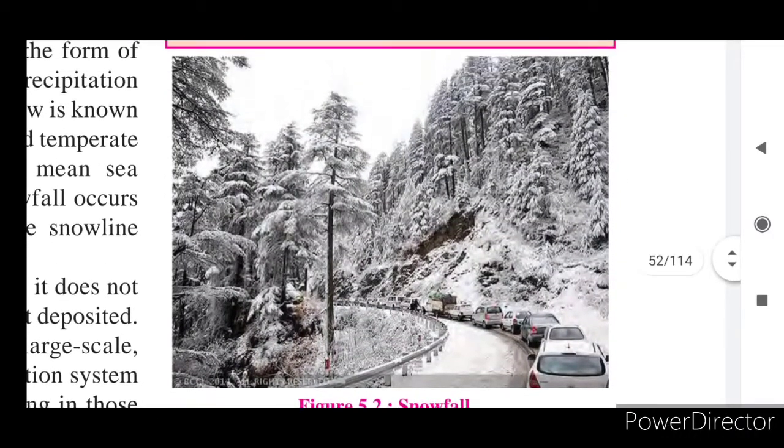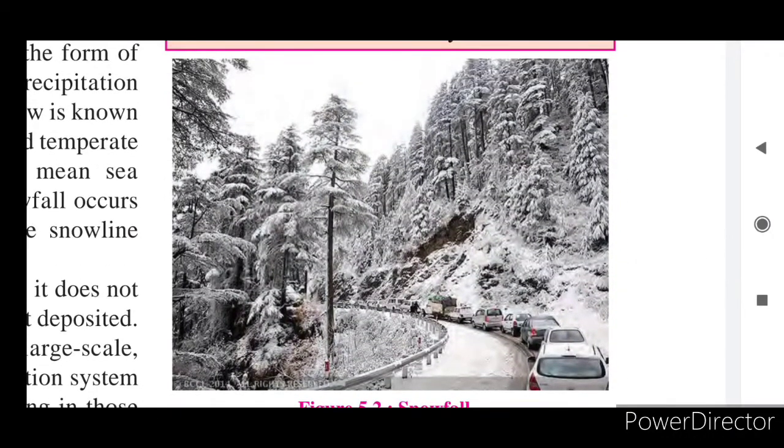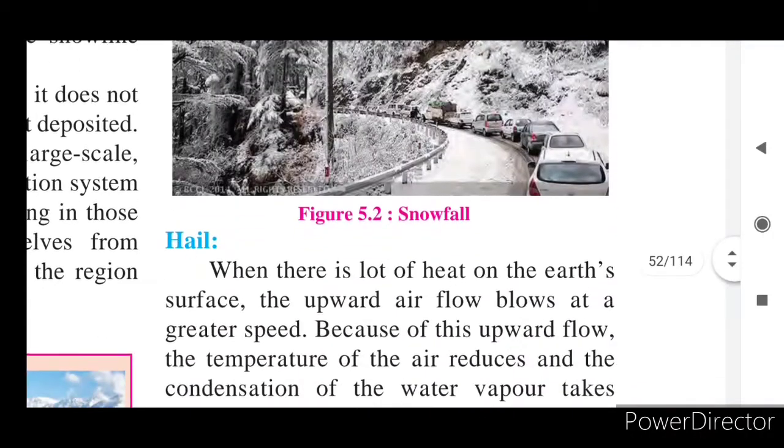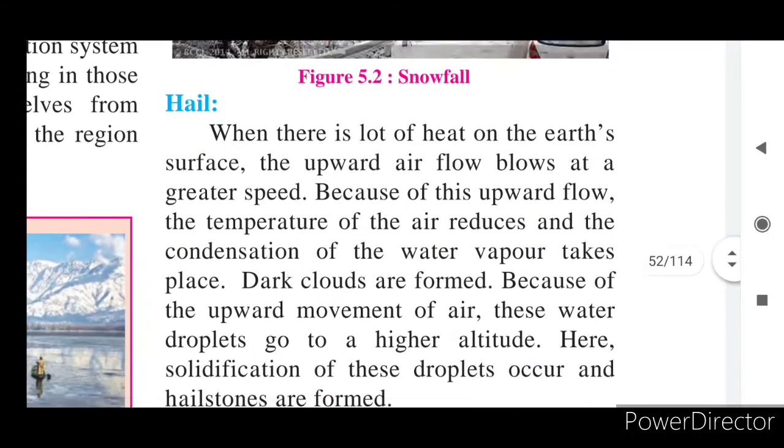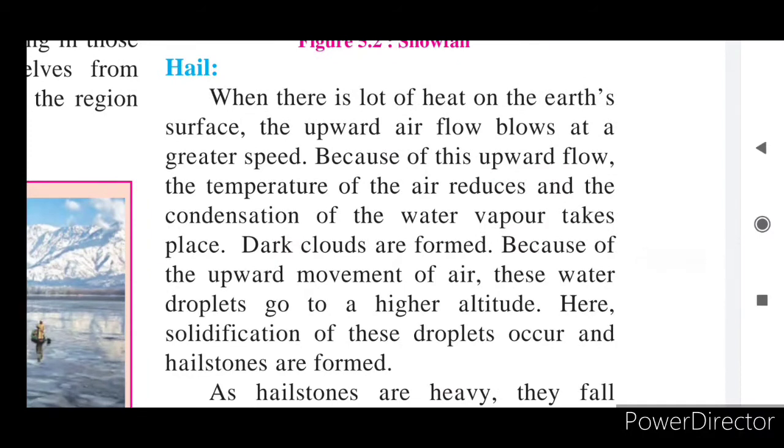So we can see the snow is deposited here. Now see, hail. When there is a lot of heat on earth's surface, the upper air has an upward air flow at great speed. Because of the upward flow, the temperature of the air reduces and the condensation of water vapor takes place.